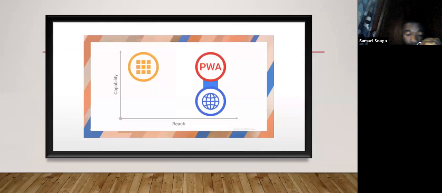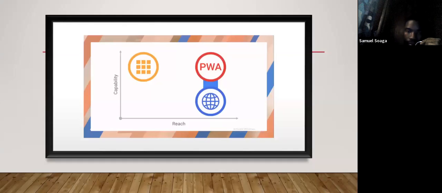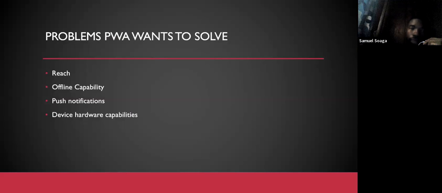So basically, if you have a website, you can turn it into a progressive web app. The problems PWAs want to solve are reach, offline capability, push notifications, and device hardware capability.